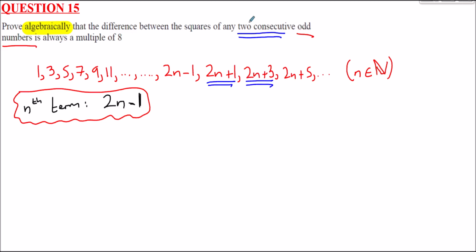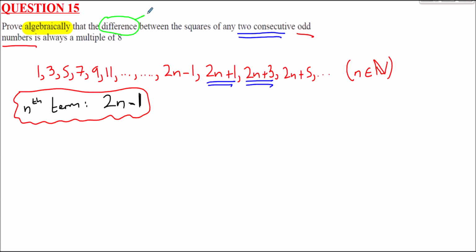So, what can we do now? Well, we want to show that the difference between the squares of them is always a multiple of 8. How do you work out the difference between 2 numbers? Ask yourself a really obvious question. For example, what's the difference between 10 and 7? The difference between 10 and 7 is 3. How do you get 3? It's 10 minus 7.